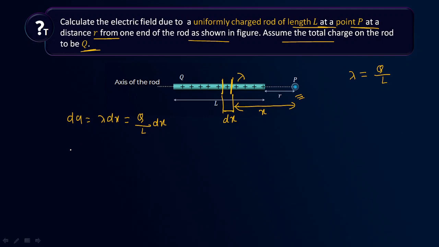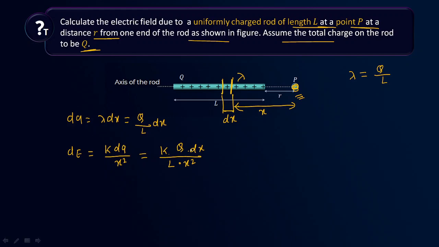Now due to this small element, the electric field at point P, dE, will be equal to k dq divided by x square. So this we can write as k times Q by L into dx, divided by x square. Yes or no?